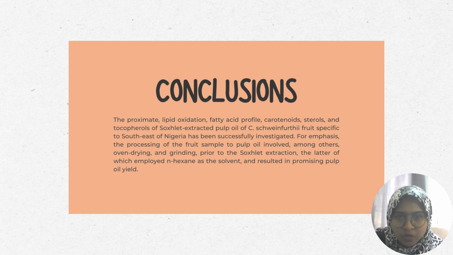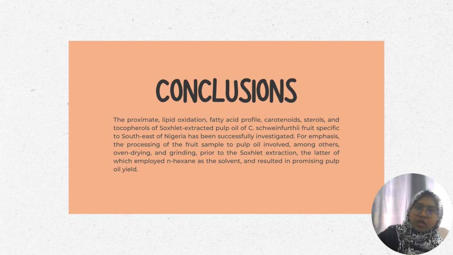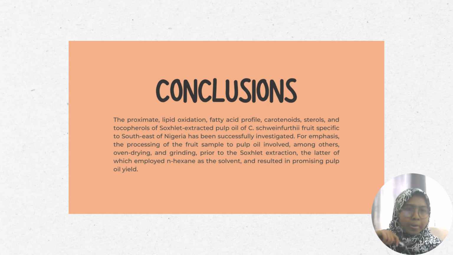So, for emphasis, the processing of fruit sample to pulp oil involved, among others, oven drying and grinding prior to the Soxhlet extraction, the latter of which employed hexane as the solvent and resulted in pulp oil. So lastly we can conclude that Canarium schweinfurthii fruit can give a lot of benefits in bioactive compound processing technology.